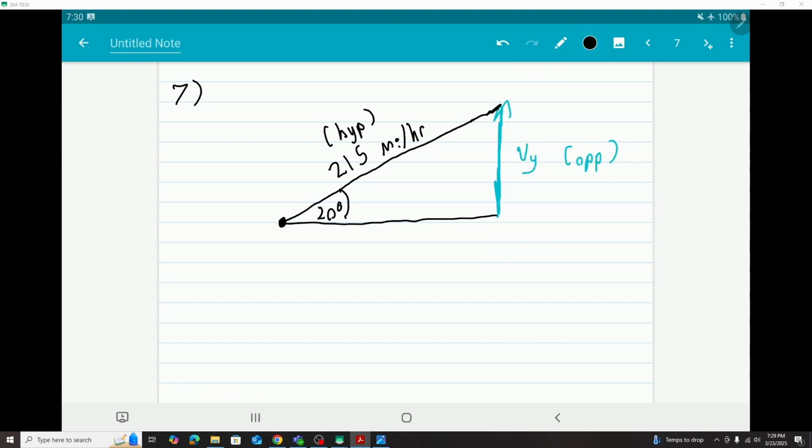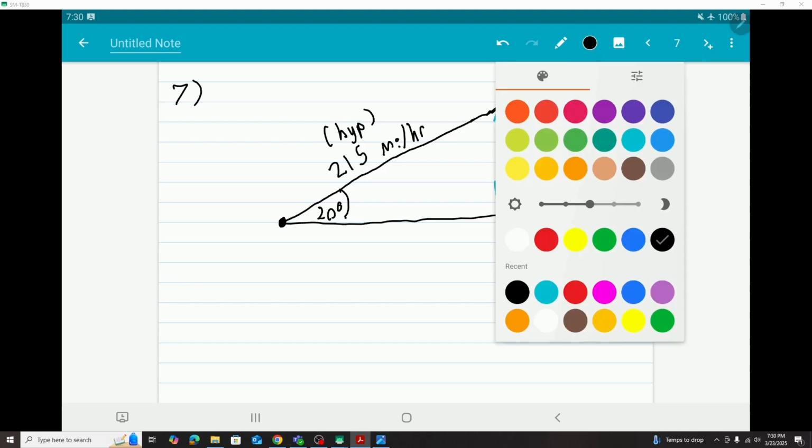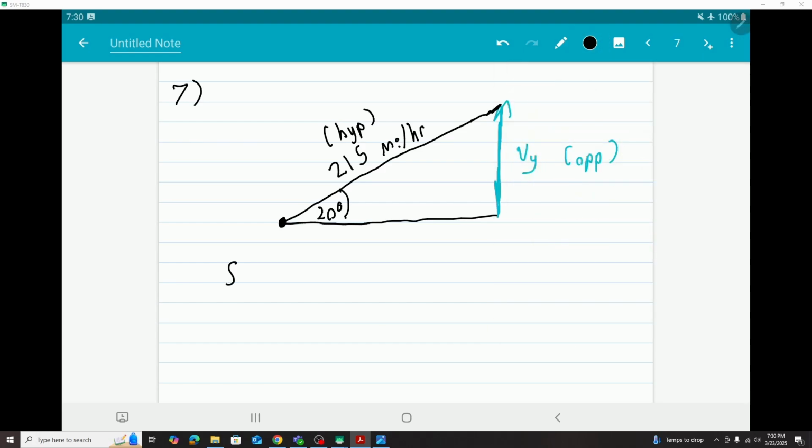So if I have the hypotenuse and the opposite side, then that is a sine. I'm thinking SOHCAHTOA. So I can say sine of 20 degrees is equal to the opposite, which is Vy, over the hypotenuse, which is 215. So my speed in the vertical direction is 215 sine of 20.